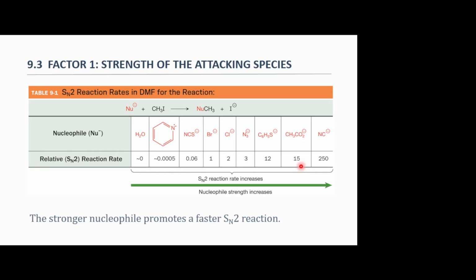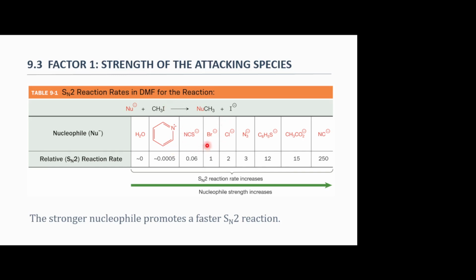Okay, this right here is actually relative SN2 reaction rates. So right here we have different nucleophiles doing this reaction. And what do you kind of notice as we get along these nucleophiles? Yeah, our reaction rate's increasing. So notice that when we have lone pairs, we can do some reaction, right? Not very fast, but we can do reactions, okay?